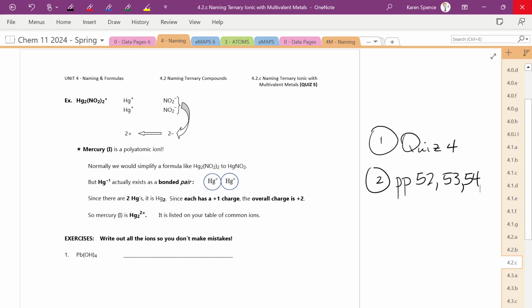Marco, Gian, Wilfred. Wilfred went to the washroom. Caleb. I'll just put it there for you.